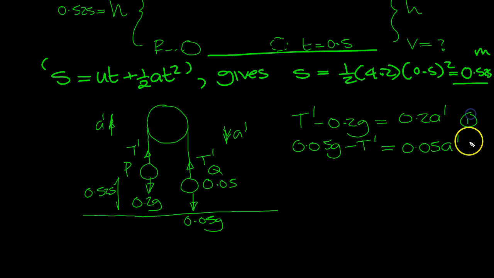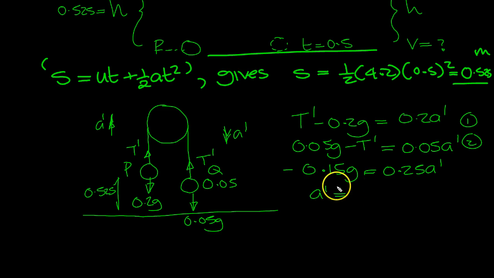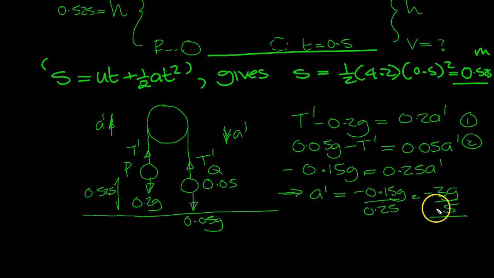Okay, this is 1, this is 2. Add them, you get 0. Oh, that's a minus, that's a plus, so it's minus 0.15g is equal to 0.25 a dashed. So a dashed then is equal to minus 0.15g over 0.25. 3/5 that is, minus 3g over 5. So there's our new acceleration, which is negative.